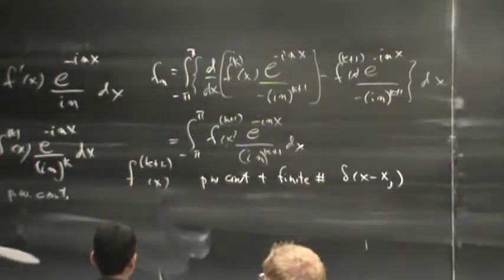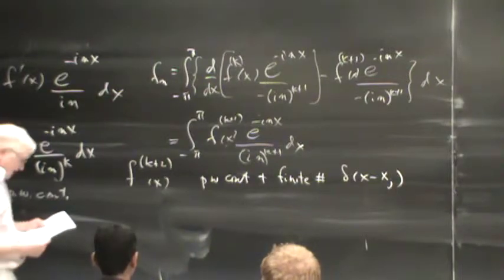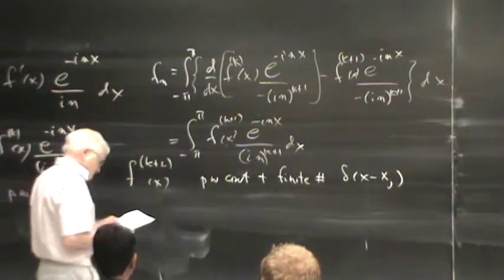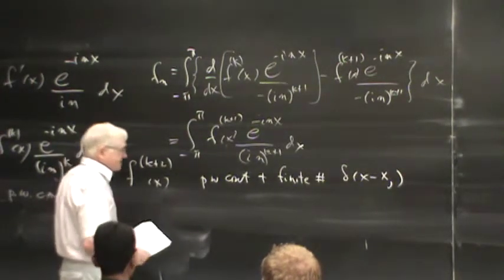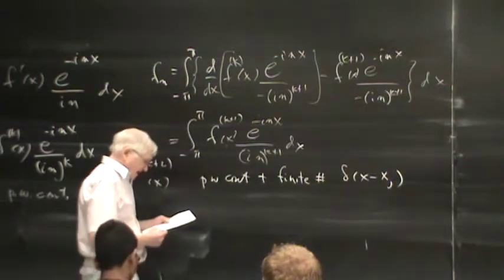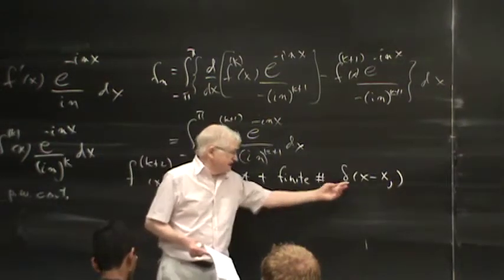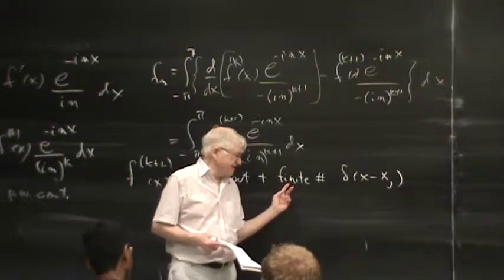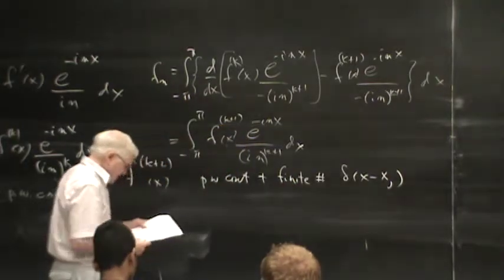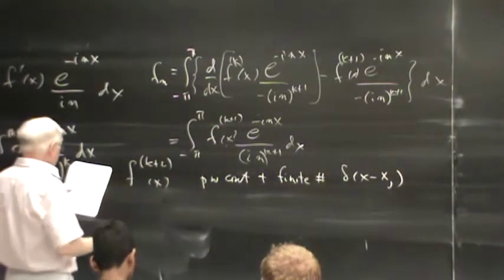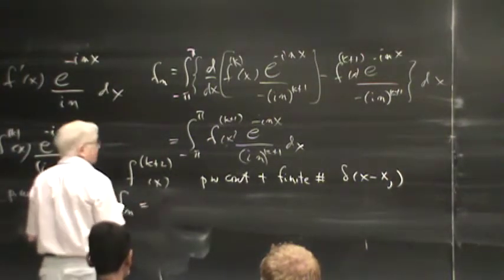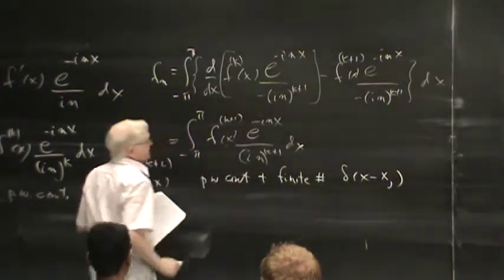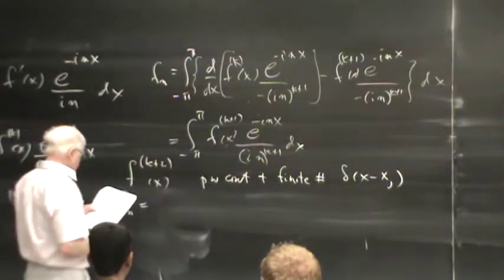So it's got a finite number of spikes, but otherwise it's piecewise continuous. Between the spikes you can do the integral, and the delta functions, I'm assuming, typically have finite coefficients. When you turn the crank one more time, what you get is f_n equal to, once again, the periodicity means that the surface terms cancel.